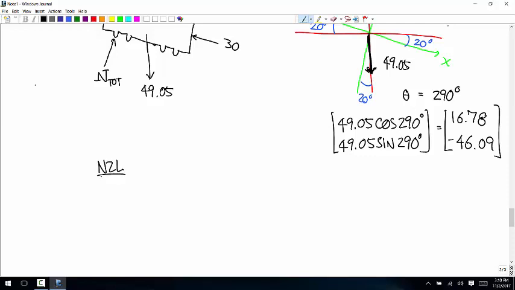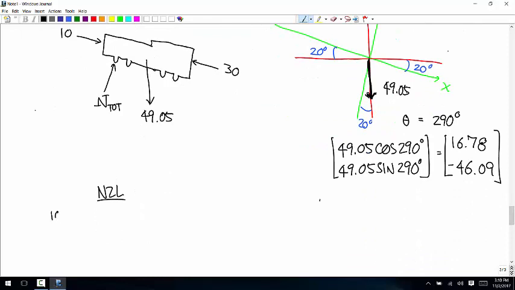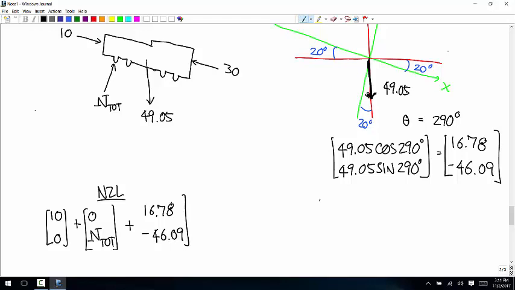And then Newton's second law says 10, 0 plus 0 in total plus 16.78, negative 46.09 plus negative 30, 0 is equal to 5 times the acceleration vector of A0.